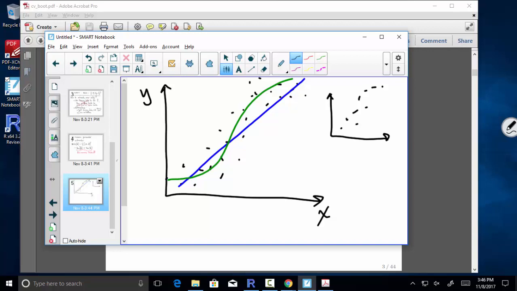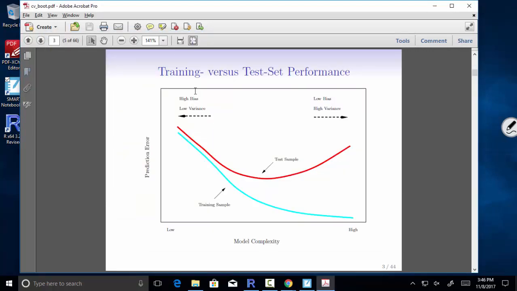So the idea here is simpler models will tend to be more biased, but lower variance. From sample to sample, that line doesn't change as much as the curvy cubic thing does. Simpler models, high bias, low variance. More complex models tend to have lower bias because they're more complex and therefore able to really capture real-world complex relationships.